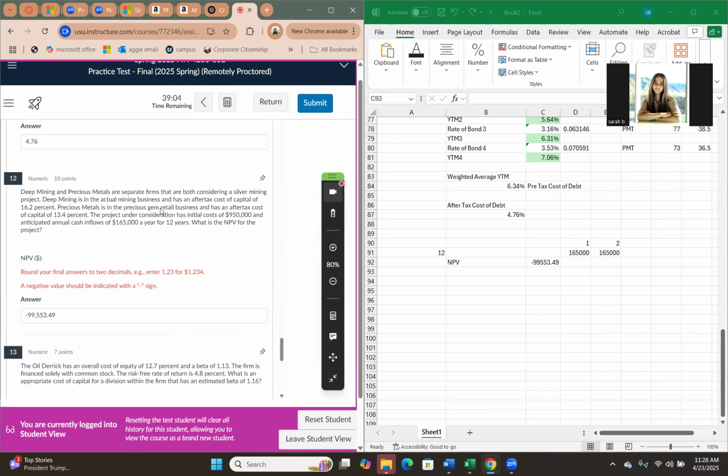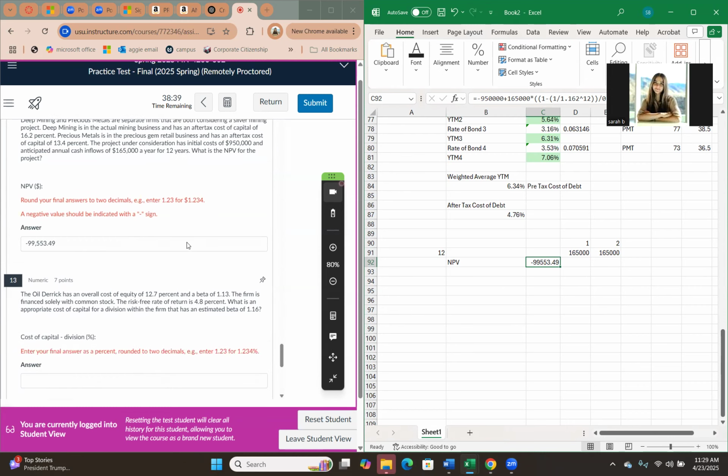Precious Metals is in the gem retail business, and their WACC is 13.4%. And we're doing a silver mining project. So we want the actual mining after-tax cost of capital. Does that make sense? So the trick here is not the actual net present value calculation, it's what WACC do I use. Does that make sense to everyone?